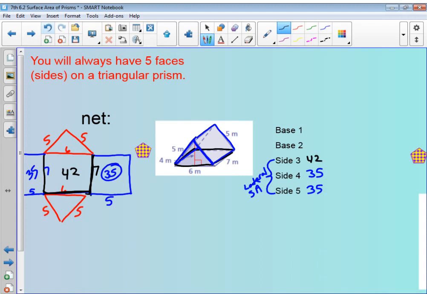Okay, so then my base is a triangle, and take note that on this triangle, I'm going to erase all this stuff. They are giving us this red line right here to represent the height. So base and height, here's my right angle. So those are the two numbers that I have to use. So the height is 4 times 6 is 24 divided by 2, because it's a triangle, gives me 12. So each triangle is 12.